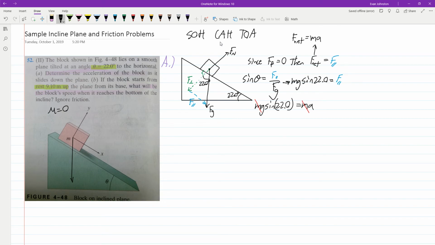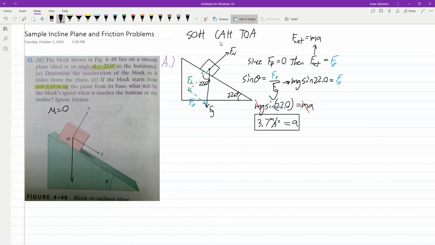So if I do 9.8 times sine of 22.0 degrees, I end up getting a 3.67. But since g only has 2 sig figs, this 3.67 would become 3.7 here. Let's make a little more space. 3.7 meters per second squared is equal to our acceleration. So that is how we did part A.